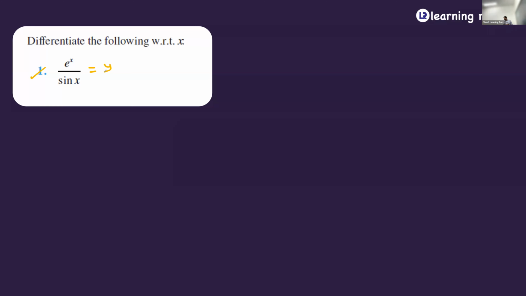So you can either use log or you can go with the quotient rule also. What we'll do is we'll do both and see whichever is easy, you can get adapted to it. So first one, we'll go with the normal method. Dy by dx is equal to denominator into derivative of numerator.